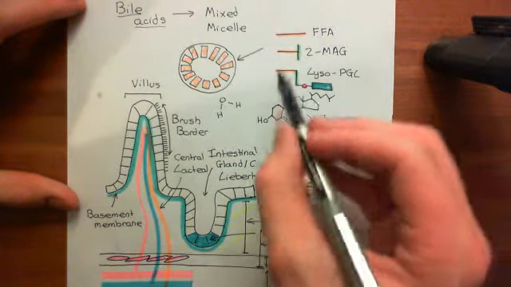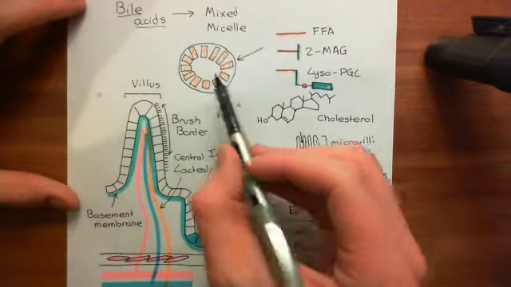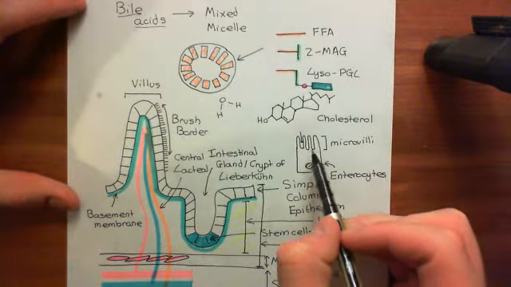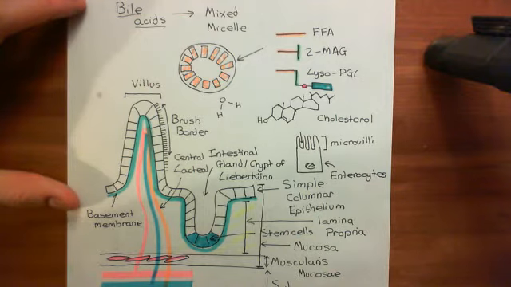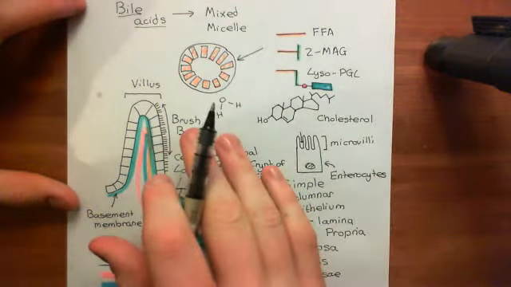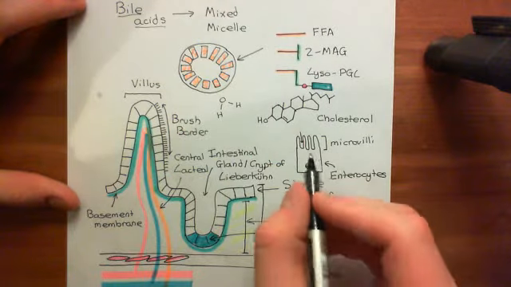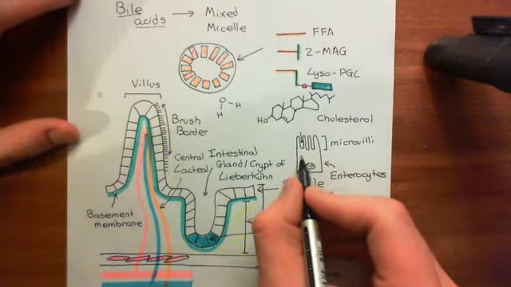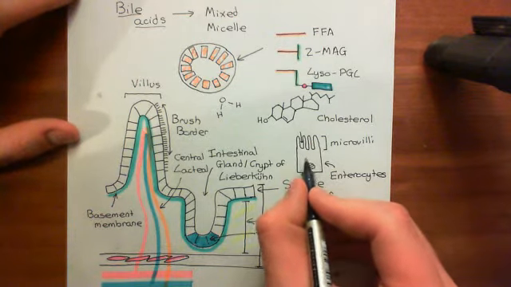So the products are now leaving the mixed micelles and going into the enterocytes. Now what's going to happen after that? Well, most of these lipid molecules will now go onto the smooth endoplasmic reticulum, which is within the enterocyte.